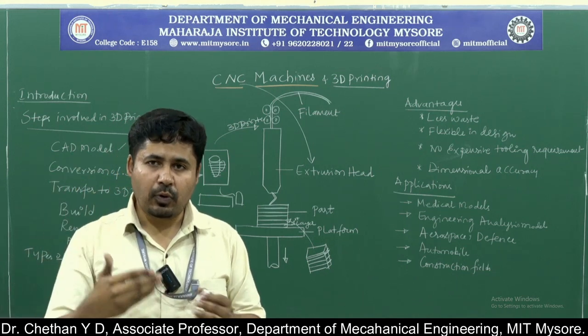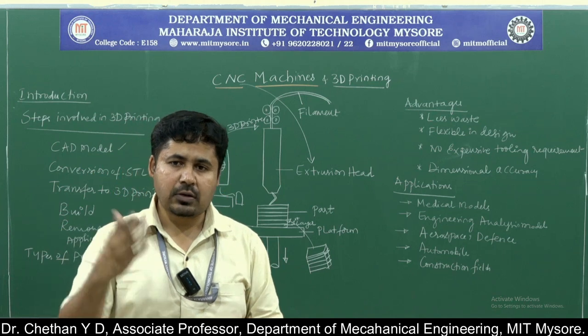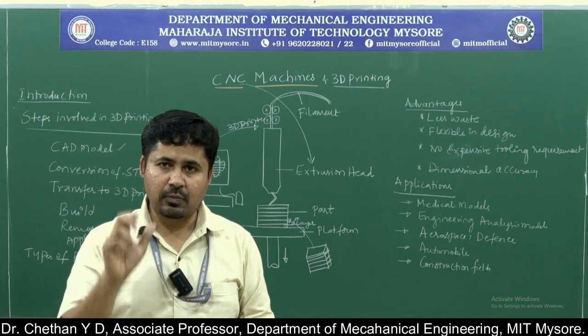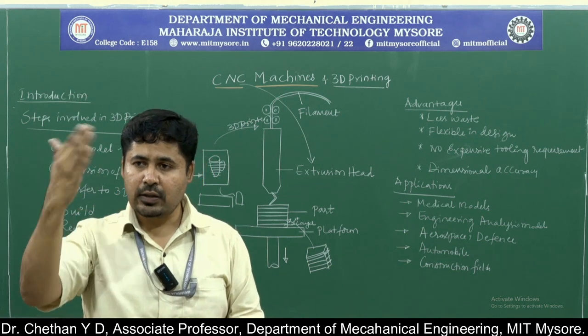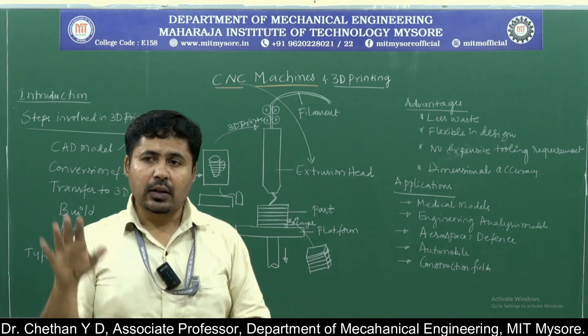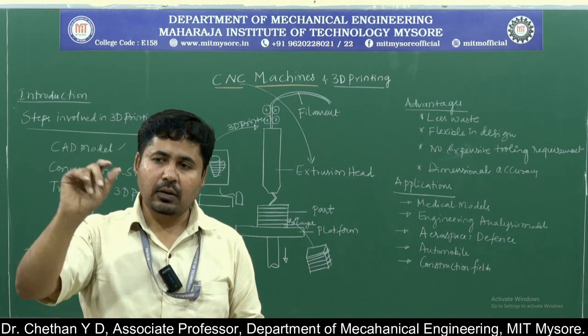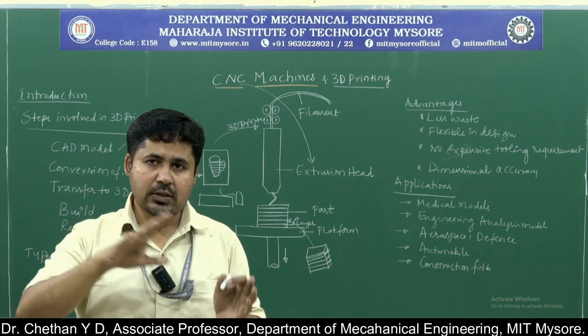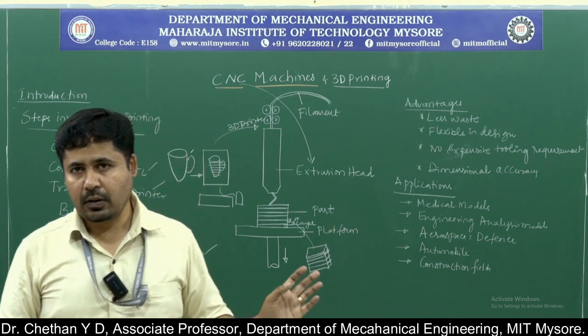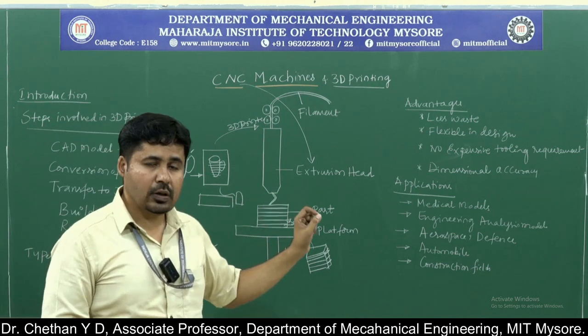The doctor will provide the CT information or CT images. Okay, we are retrieving the information from the CT images, and we are converting the CT file into the STL file. Okay, then we are making implants. Okay, this is how the reverse engineering is done in case of 3D printing. Okay, that is about medical models.